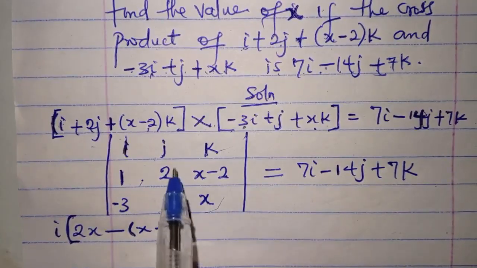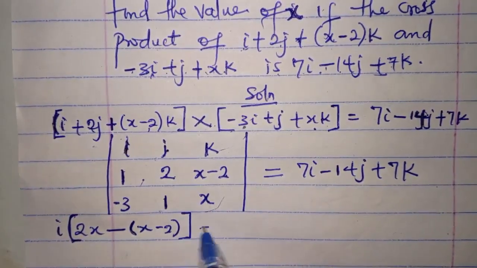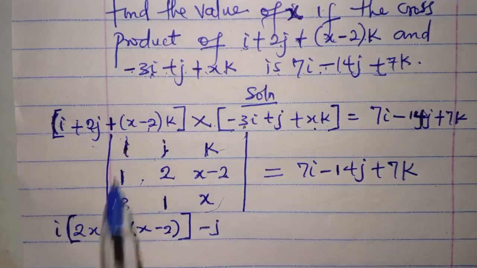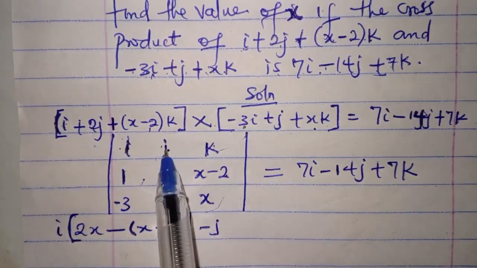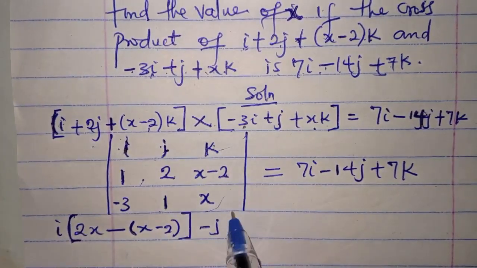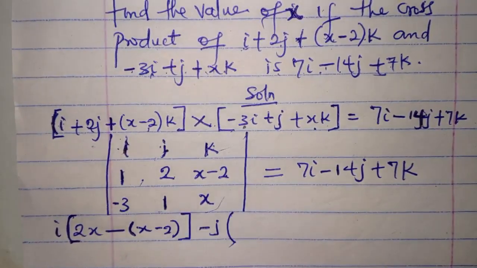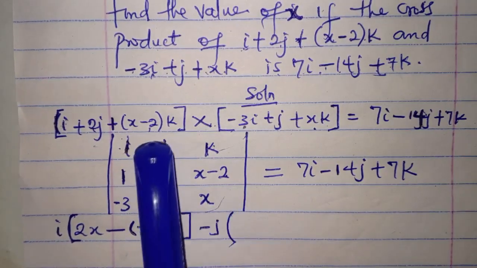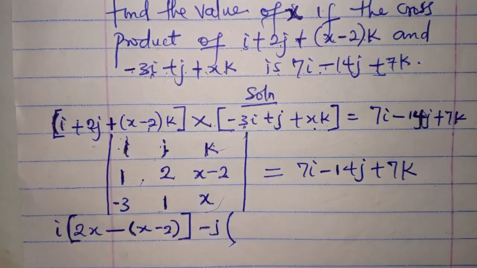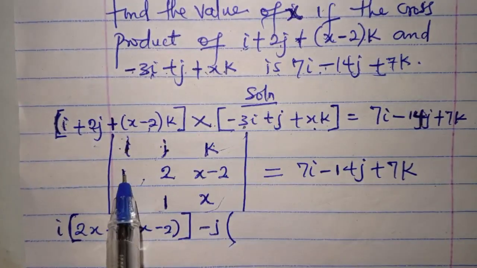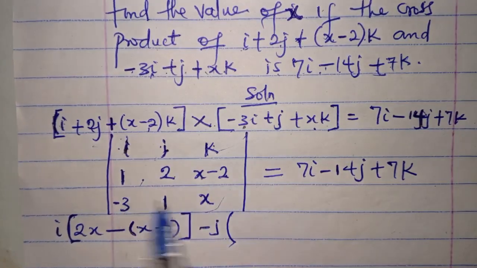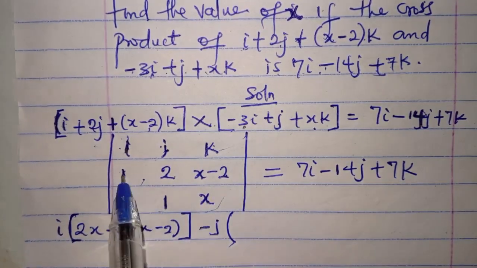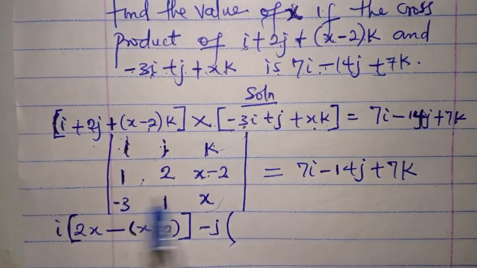Then we come here. j has a minus. Bring j out. This is plus minus plus, alright? So j has a minus. Then close this column of j and close this row of j. We'll be having the entries 1, x minus 2, minus 3, x, right?